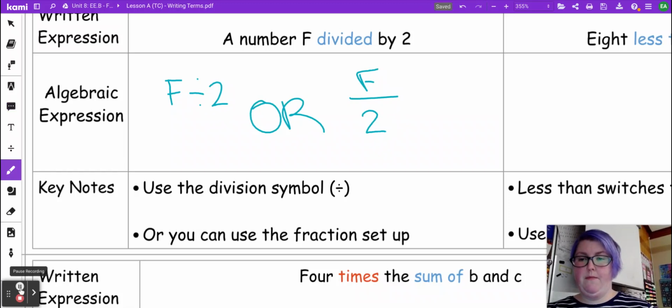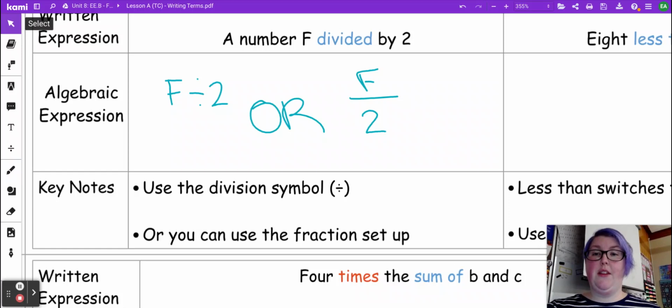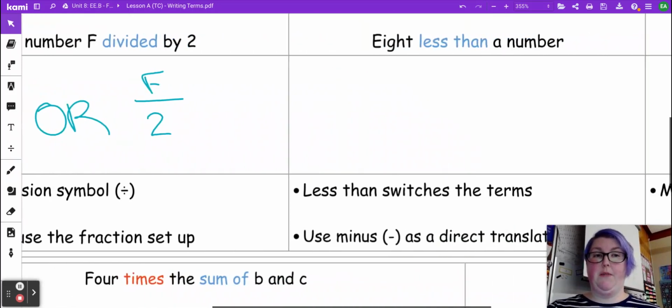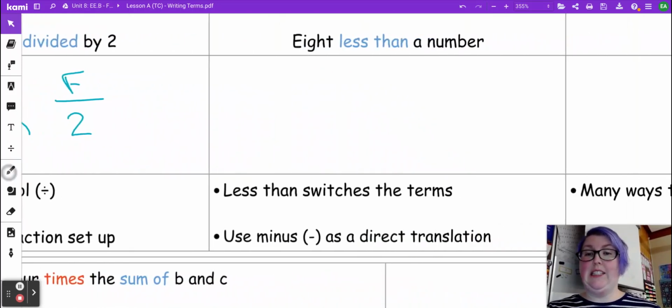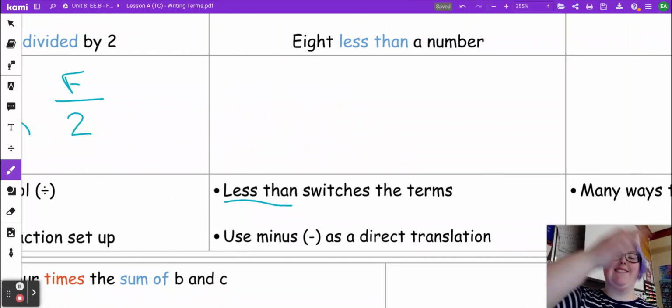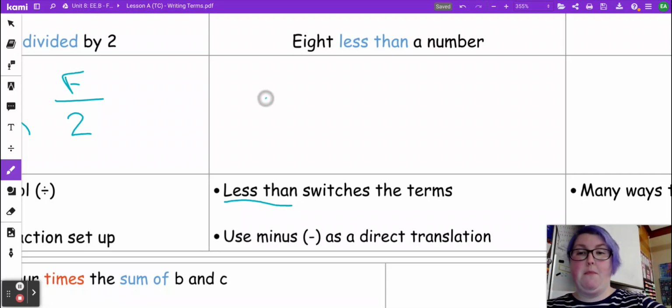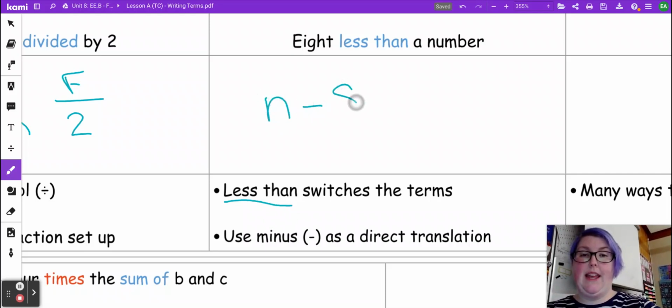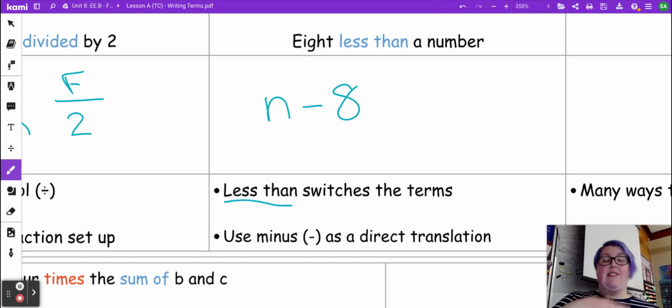Right. So we're just taking the words and turning them into the algebraic expression. So 8 less than a number. So the less than means that number comes second. So a number n minus 8. So 8 less than. So we're taking away 8 from that original number. Less than means subtraction.